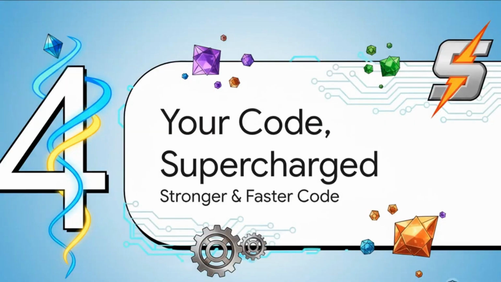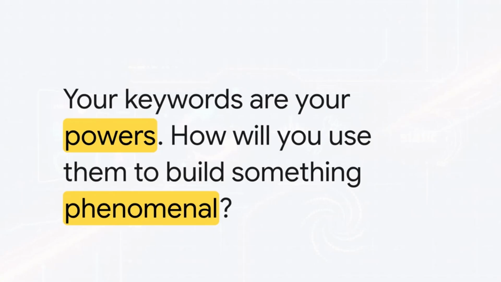And there you have it. That's the tour. From the deep flexibility of virtual and override to the absolute raw speed of static and unsafe, and the modern power of async. When you really master these keywords, you're not just writing code anymore, you're supercharging it. At the end of the day, each keyword is a power tool.